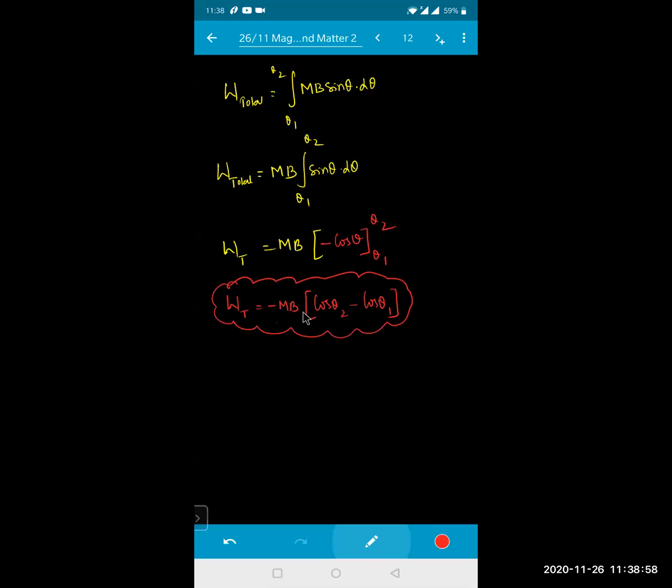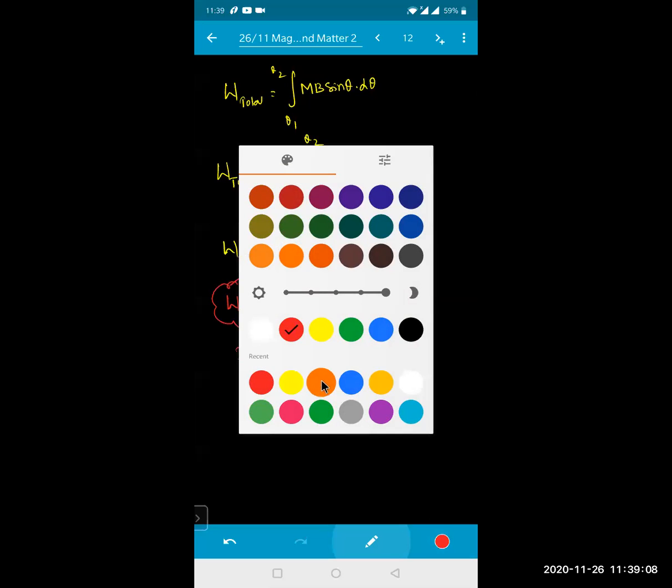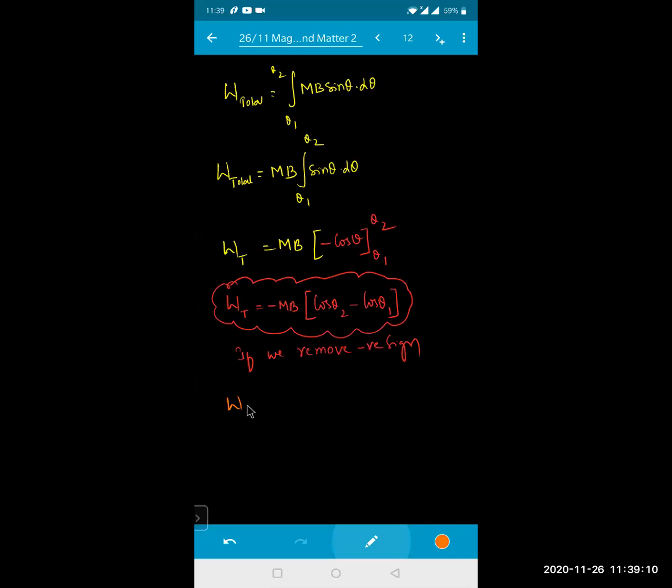If we remove the negative sign, then how do you write the work done? Can anyone say? Work done will be equal to how much for me? mB into cos theta 1 minus cos theta 2. Okay na?